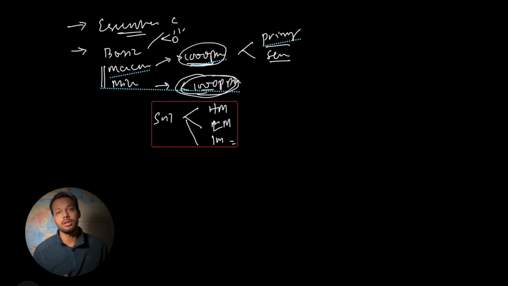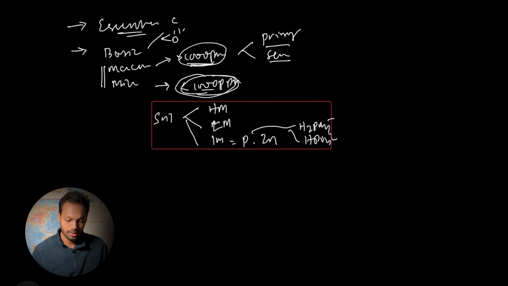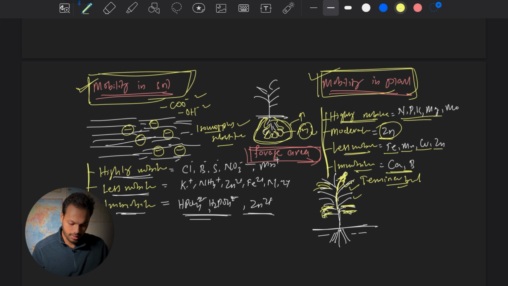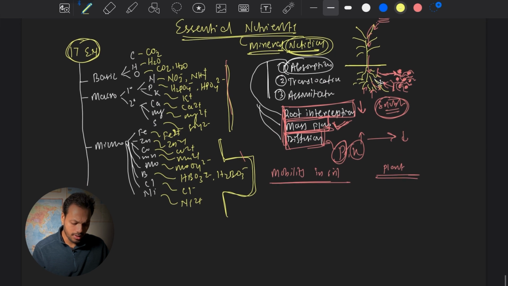You have to remember the immobile nutrients are phosphorus and zinc. Phosphorus is available in the form of H2PO4 minus and HPO4 2 minus, and zinc as Zn2 plus.